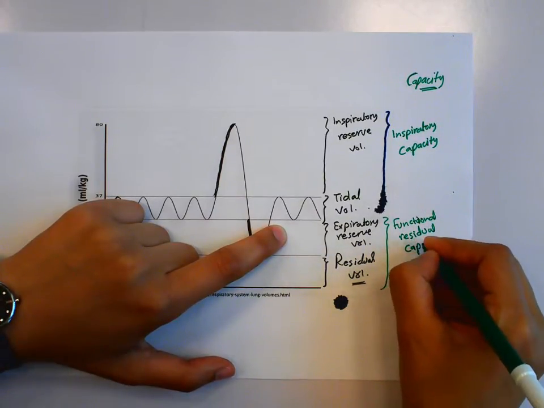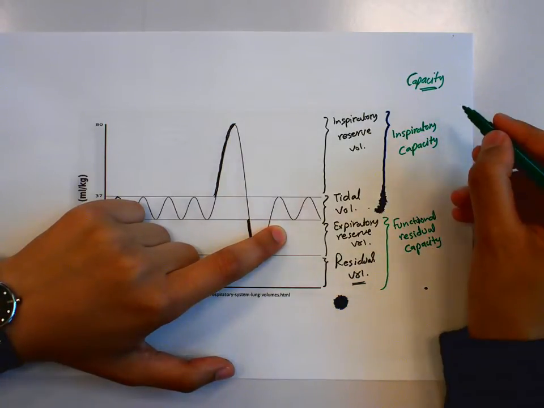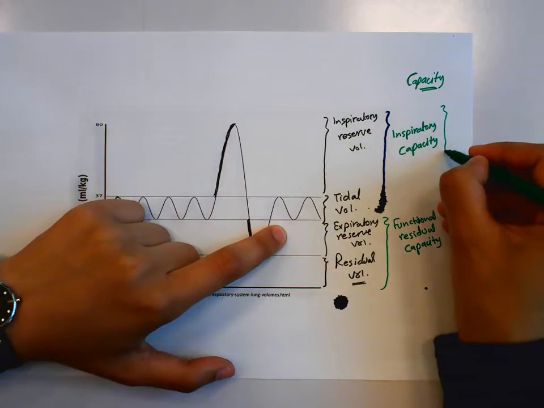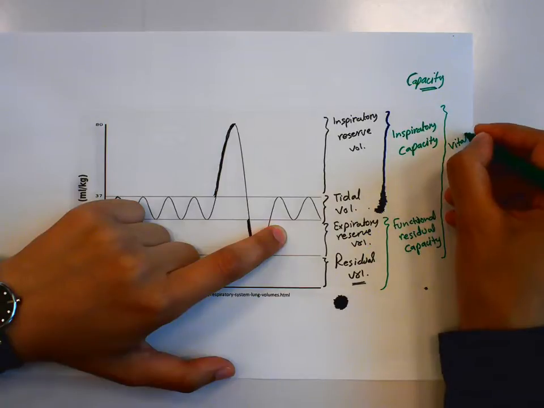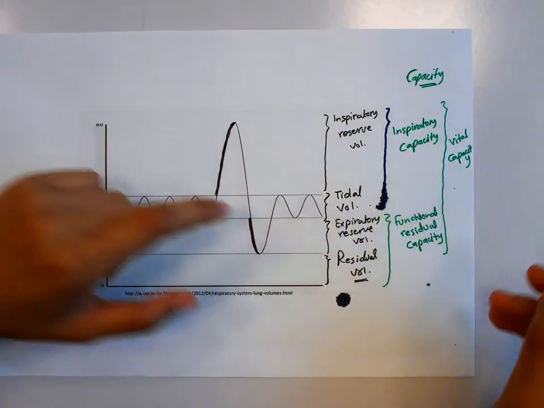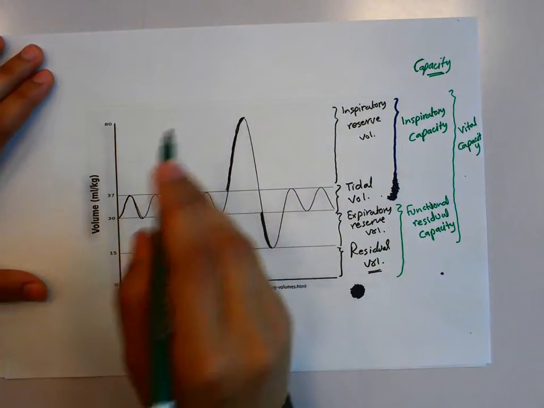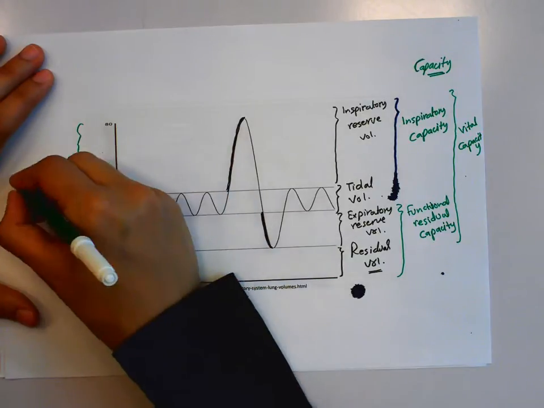If you add all the volumes of the lungs except the residual volume, you will get vital capacity. And finally, if you add all those volumes, you will get total lung capacity.